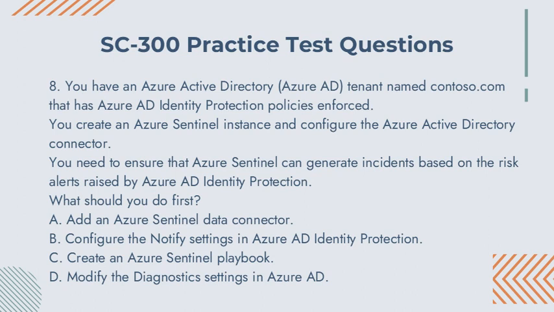What should you do first? A. Add an Azure Sentinel data connector. B. Configure the Notify settings in Azure AD Identity Protection. C. Create an Azure Sentinel playbook. D. Modify the diagnostic settings in Azure AD.